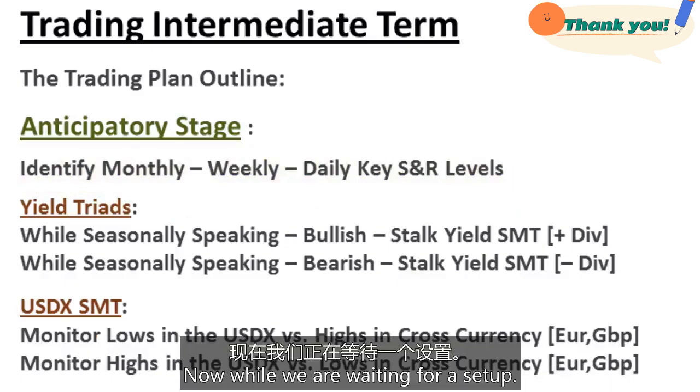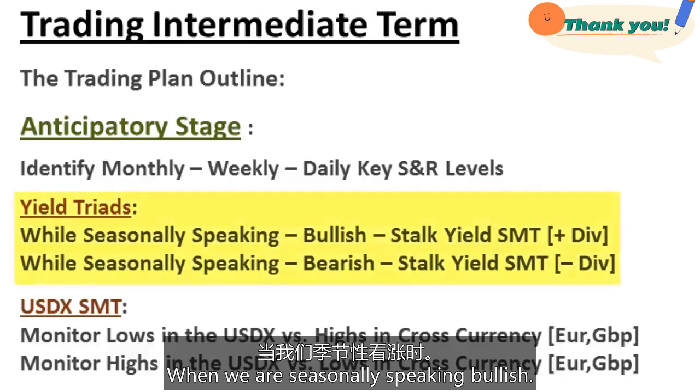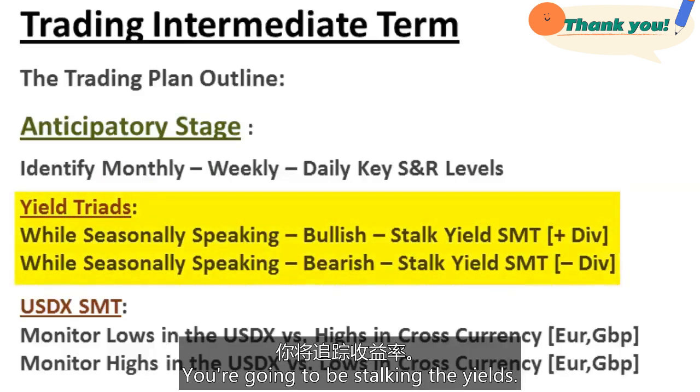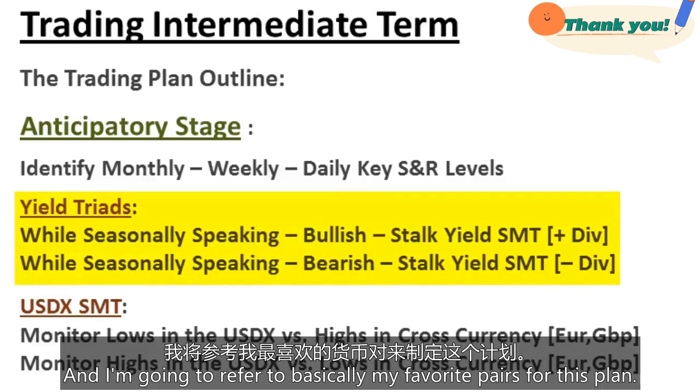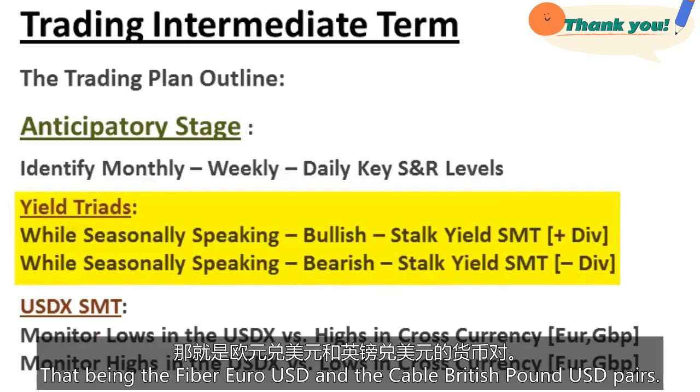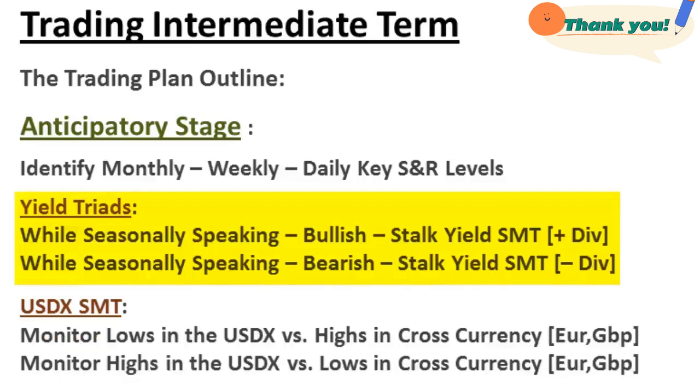Now, while we're waiting for a setup, when we're seasonally speaking bullish, you're going to be stalking the yields, the yield triads. I'm going to refer to basically my favorite pairs for this plan, that being the Fiber, Euro USD, and the Cable, British Pound USD pairs, because they are crossed with the dollar.